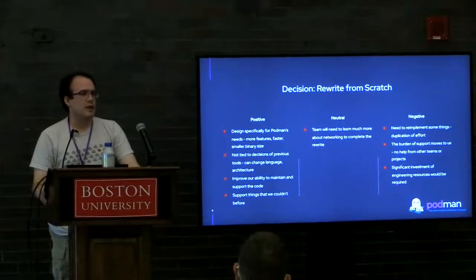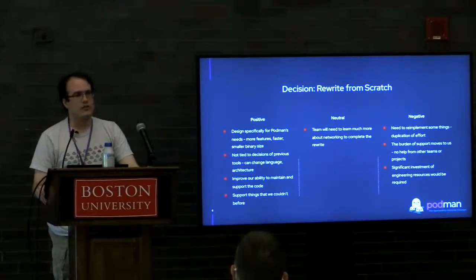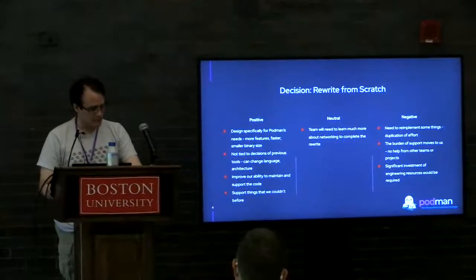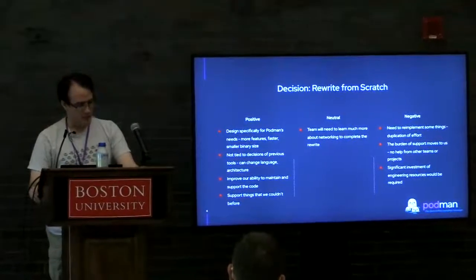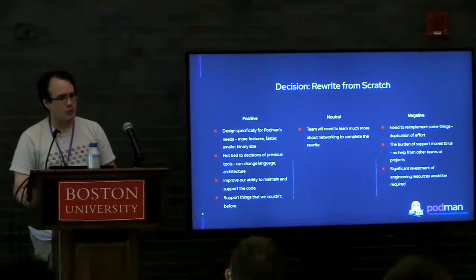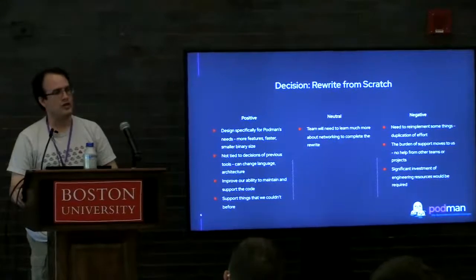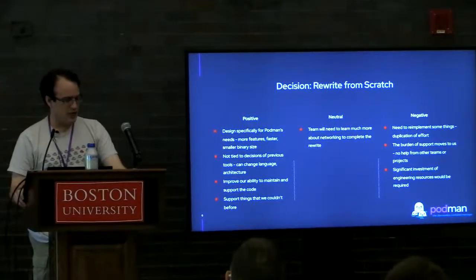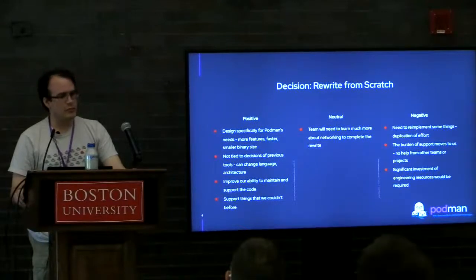And we gain ownership over what we're building. With CNI, we never had maintainers there. We never really had ownership over the code. Here, we're shifting the burden to us, but it already largely was on us. And by gaining ownership, by writing this stuff, we have a better understanding of what we need to support. Downsides, we're going to be looking at a major duplication effort because we have to rewrite all that core networking code that CNI had. But we looked at the CNI code and came to the conclusion that we weren't going to be able to reuse any of it anyway.